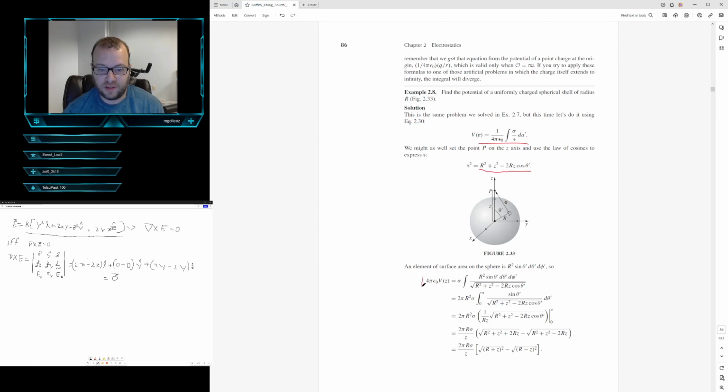And then we get this messy integral. But note that there are no vector components. So we simplify this equation, pull out all the constants, which are the r squared and the sigma. And there's a 2 pi floating around here from the d phi component, because there's no phi component here.